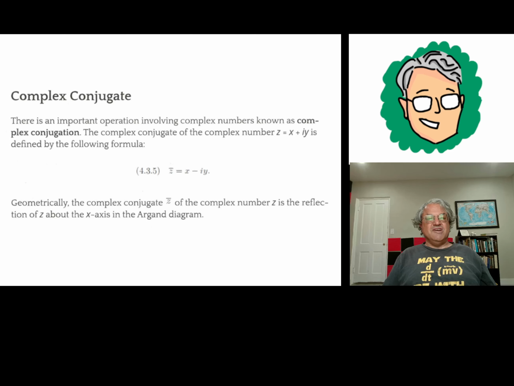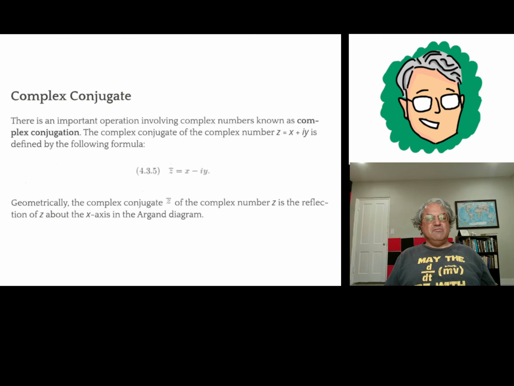Sometimes people use a star, an asterisk. I prefer the bar. I think people in physics use the asterisk for some reason, but mathematicians prefer the bar. I guess I consider myself more of a mathematician than a physicist, even though I did study a lot of physics. But anyway, z bar is defined to be x minus iy.